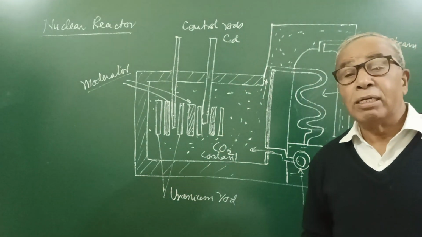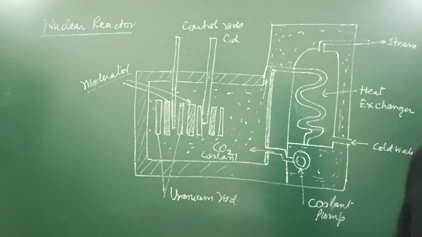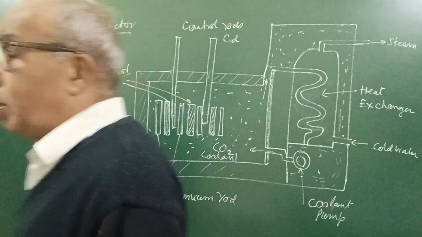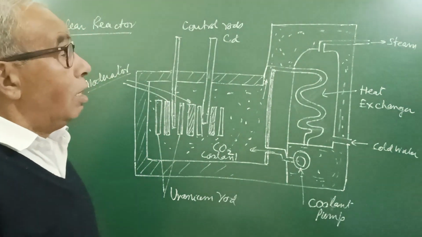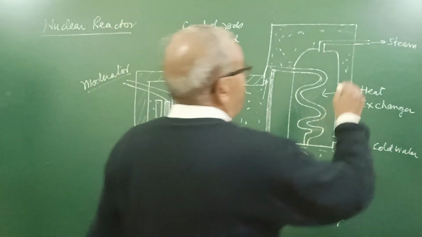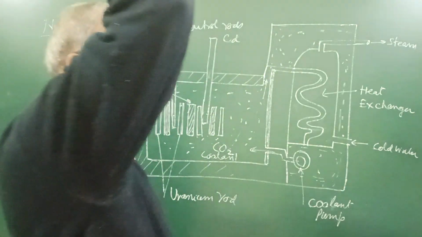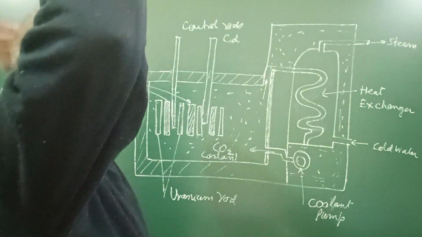It says that it opposes the cause by virtue of which it is produced, and that is a direct consequence of law of conservation of energy, because energy cannot be produced by itself. We need to do some work, and at the cost of that energy or work done, we obtain other form of energy.